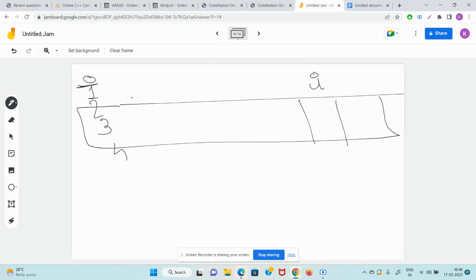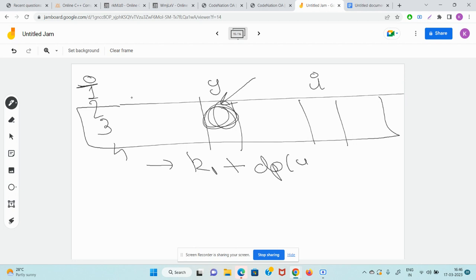Say the 0 bit got active on index y1. It means the first time a change happened here. So option 1 will be K1 plus dp of y1 minus 1, j minus 1.